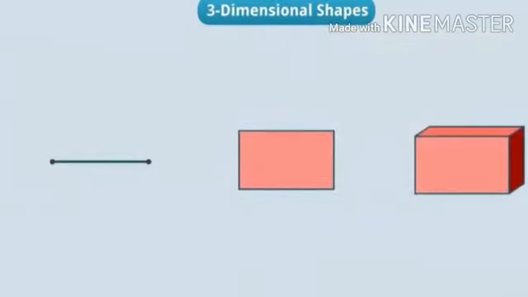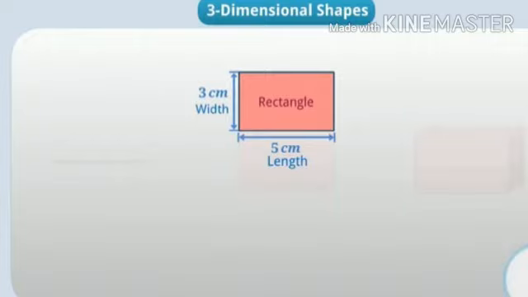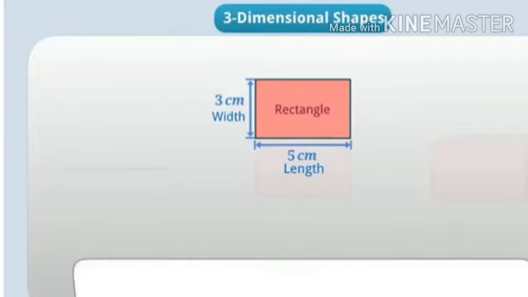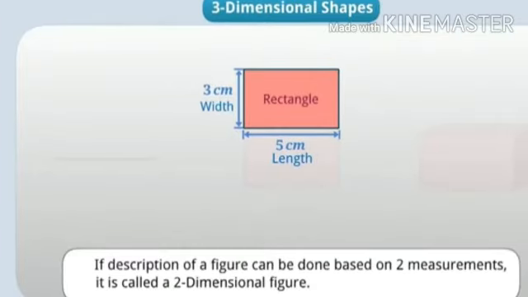Talking about the second shape, it is a rectangle whose length is 5 centimeters and width is 3 centimeters. Can this rectangle be described here based on just length or just width? Think. No, here it is necessary to tell both measurements.